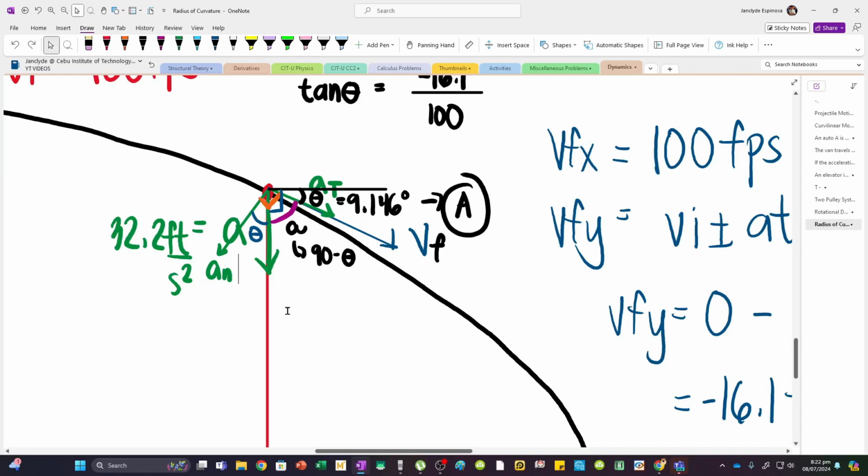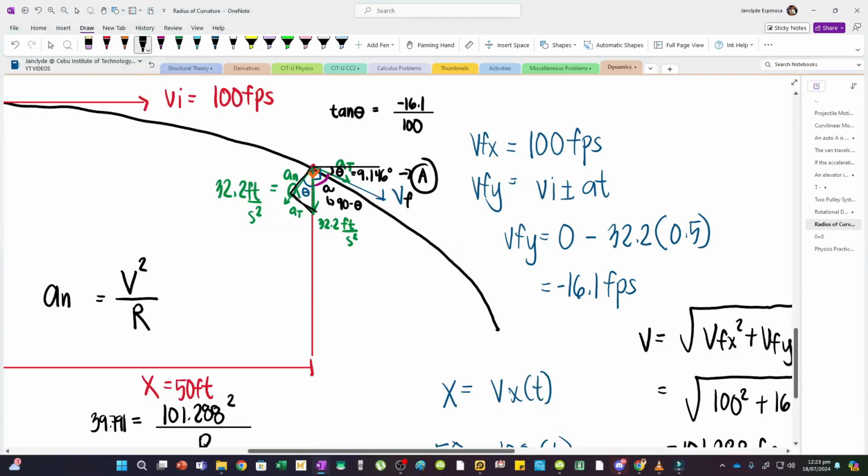Therefore, since we have theta, we can now calculate AN. Again, A is 32.2 feet per second squared. Now we can consider this triangle. Let's draw a line perpendicular to AN. Let's consider this triangle, so we have theta.